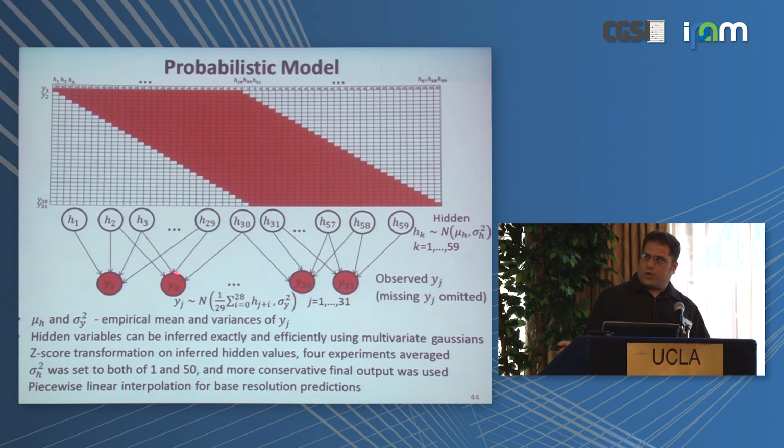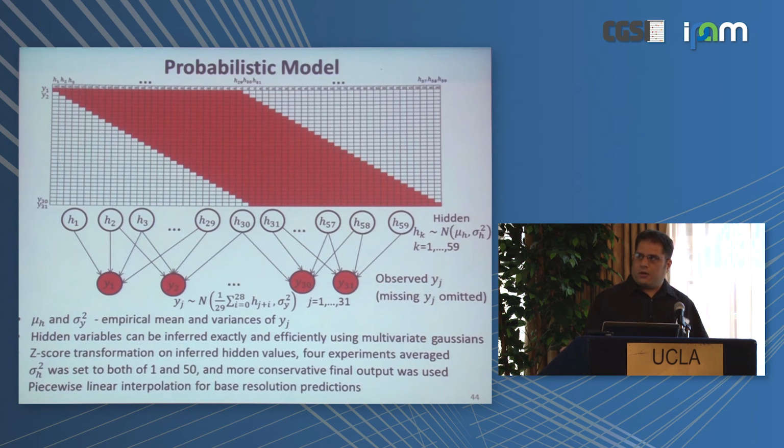So we can create dependencies where each y variable is going to depend on the hidden variables it overlaps. So y1 is going to depend on h1 through h29, y2 is going to depend on h2 through h30, and so forth, where y31 will depend on h31 through h59. And then we make some additional modeling assumptions.